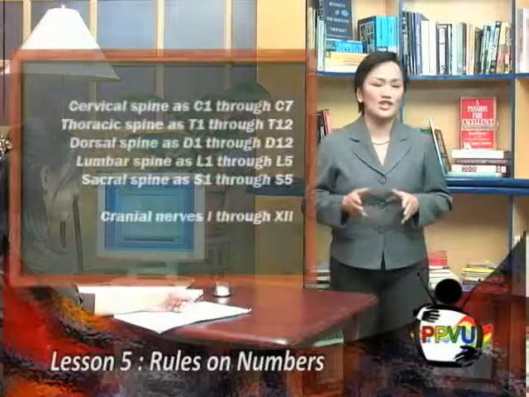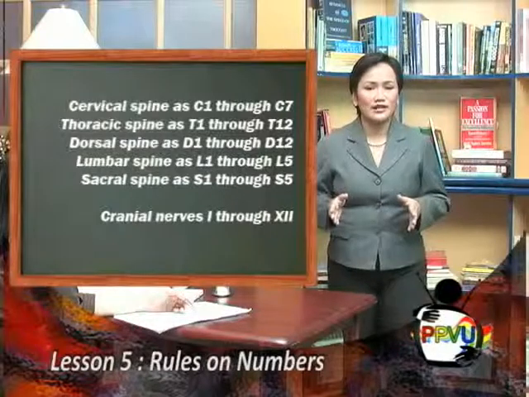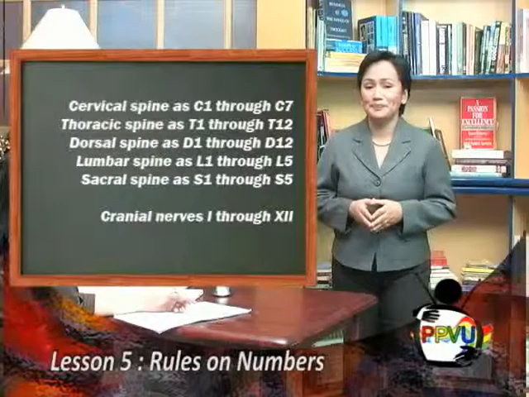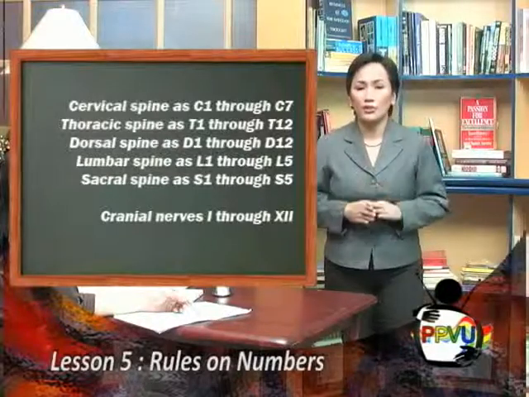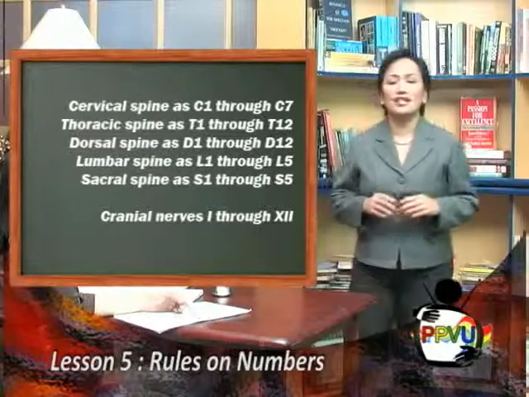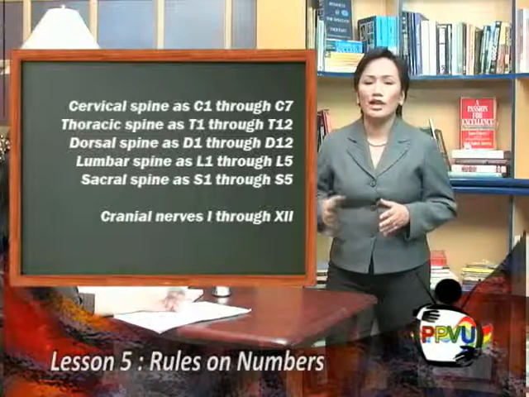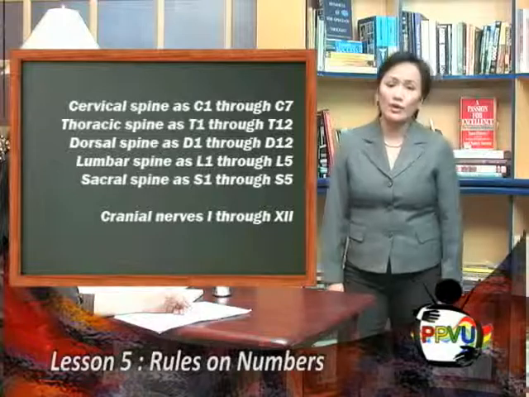Therefore, in transcription reports, we refer to the cervical spine as C1 through C7, thoracic spine as T1 through T12, dorsal spine as D1 through D12, lumbar spine as L1 through L5, sacral spine as S1 through S5.